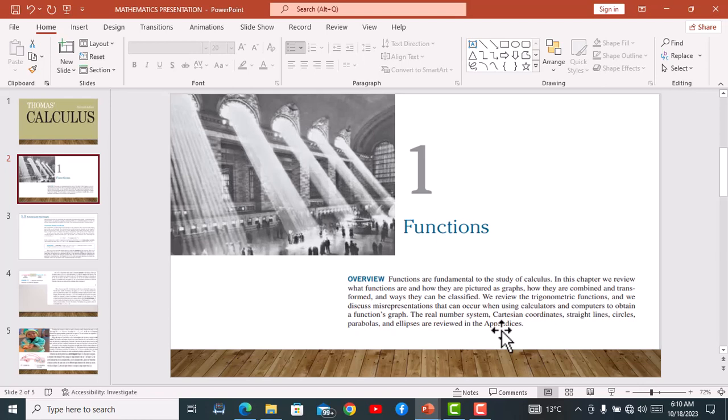It's very important that we understand the Cartesian coordinate system. We have the vertical and the horizontal lines through which we can represent a function on a coordinate system. Very, very important that we understand that.